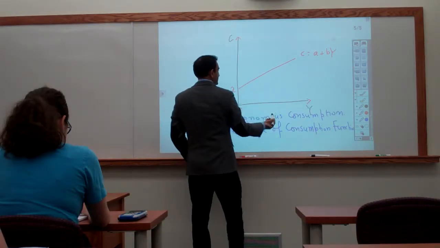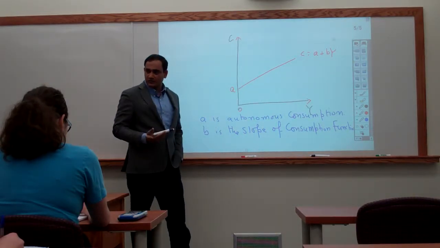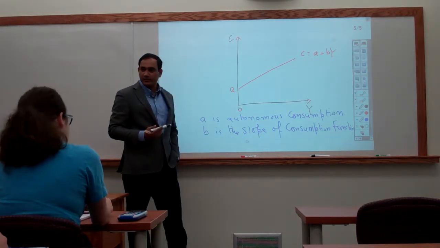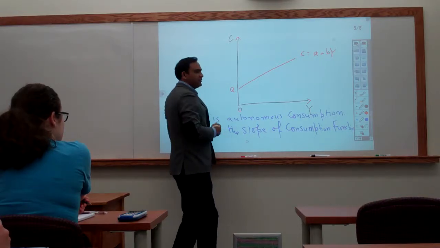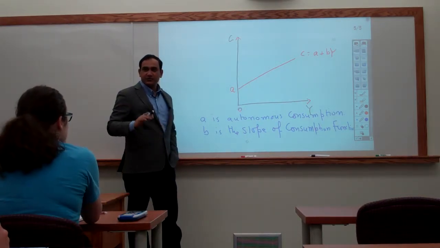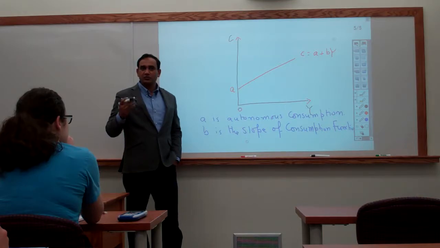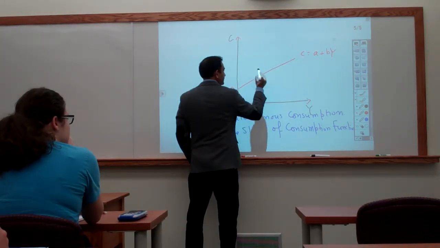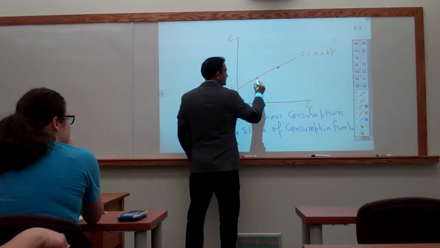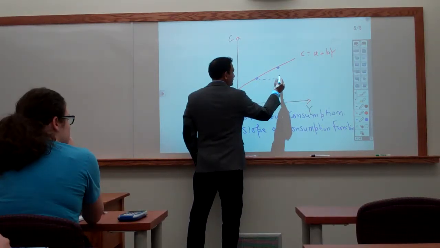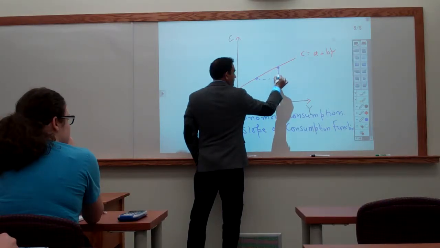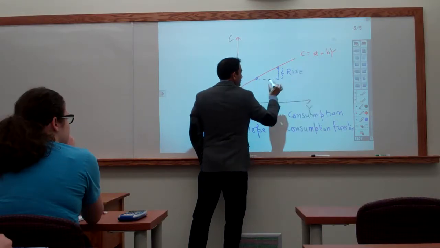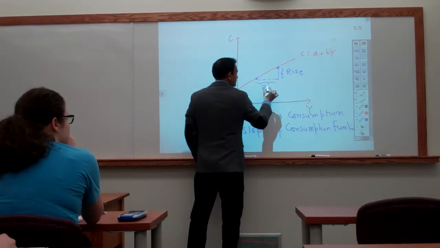So to calculate slope, you need 2 points on a straight line. It's a straight line, so slope is going to be constant, if you remember that from our Macroeconomics review. You guys are familiar with slope? Okay. So it's rise over run. Let's take 2 points over here and here. This is your rise, and this is your run.